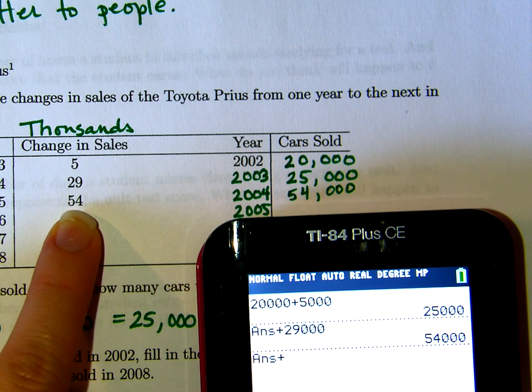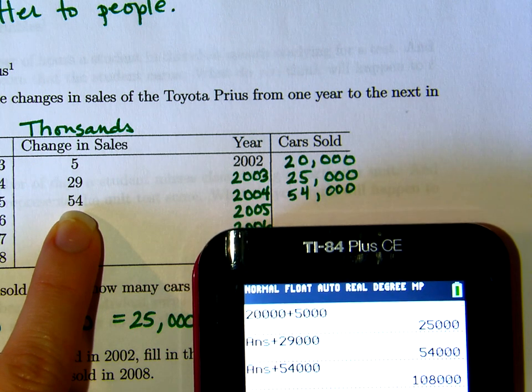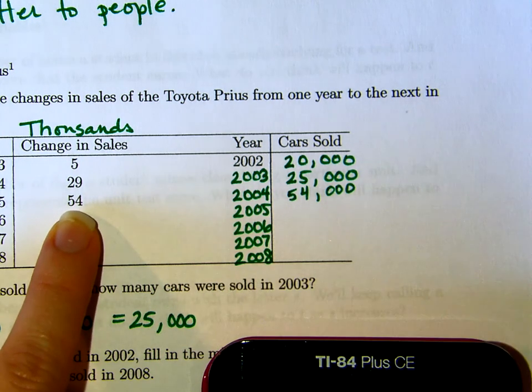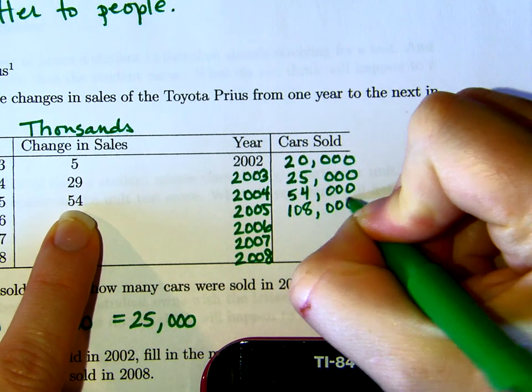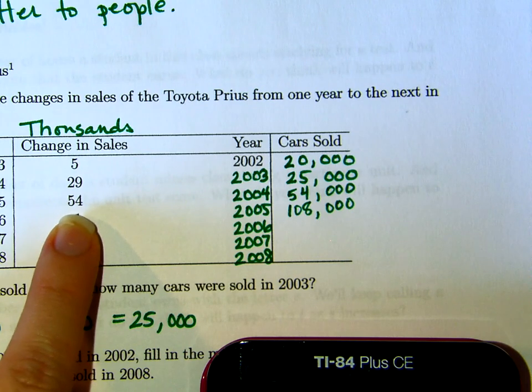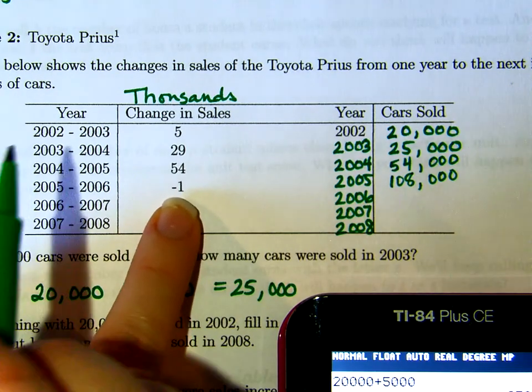So add to it 54,000 cars sold. 108,000. Okay, that makes sense because it just doubled. So in 2005, they sold 108,000 Toyota Priuses. And then sales took a dip.